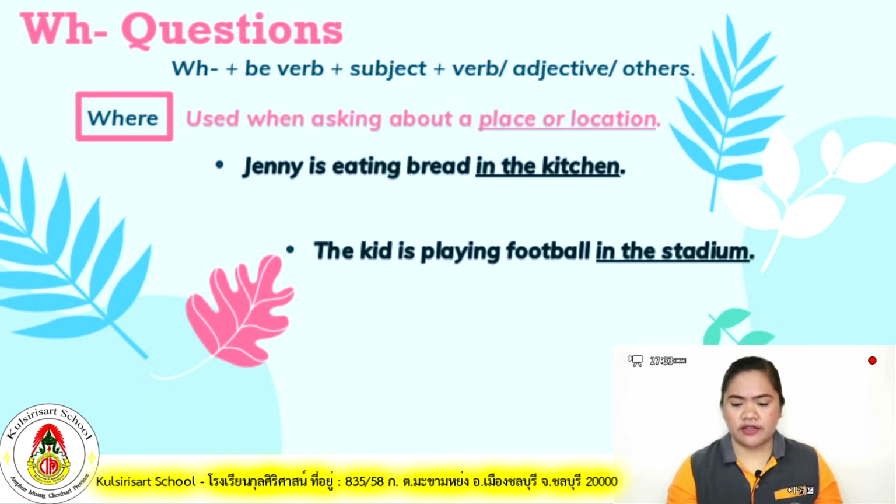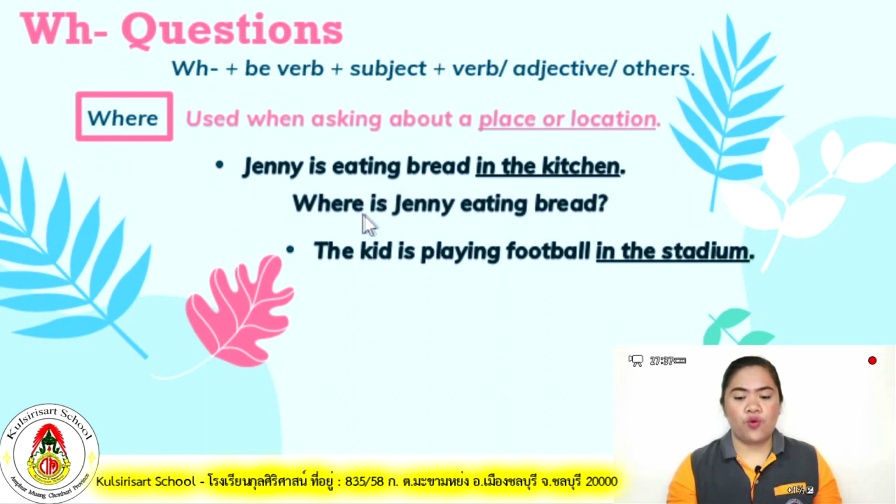Okay, let's start with the first sentence. It should be, where is Jenny eating bread? For the second question, it should start with where, and then is as the be verb, and then we have the subject, the kid.